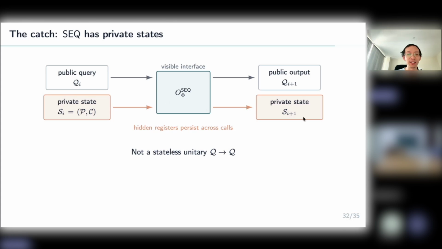Once you query it, it's going to update the private state, and this state is going to persist across calls. So this is not a traditional interface where you have a classical stateless function, or a stateless unitary. So in order to obfuscate it, we must be able to handle state and hide the state in some way.